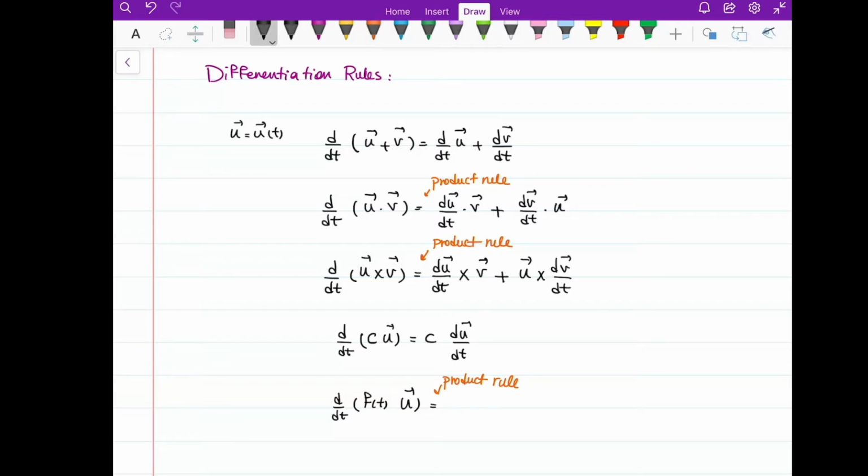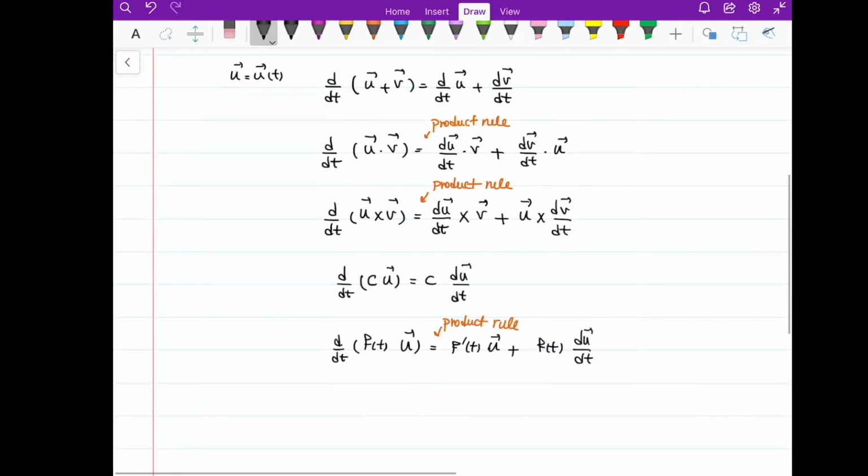And I get the derivative of f, let me call it f prime of t, times u, the vector u, plus the function f of t times du/dt. Okay, and the last one would be the chain rule.